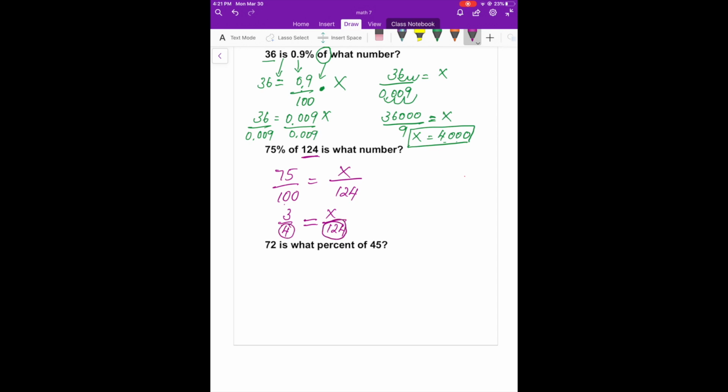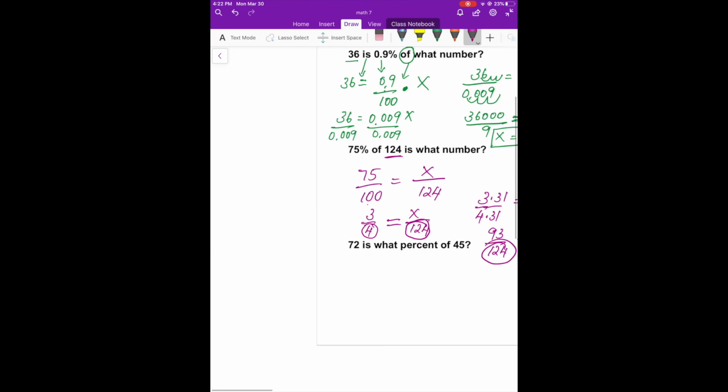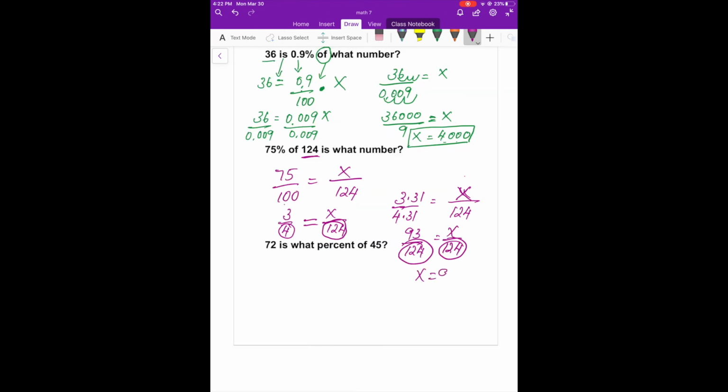They're kind of easy to figure out. How many 4s is 124, right? 4 times 3 is 12, and 4 times 1 is 4. So you can multiply both sides by 31 to get 124 in the denominator and x. So when you multiply, you will get 93 over 124 is equal to x over 124. Now since the denominators are the same, the numerator x is equal to 93.